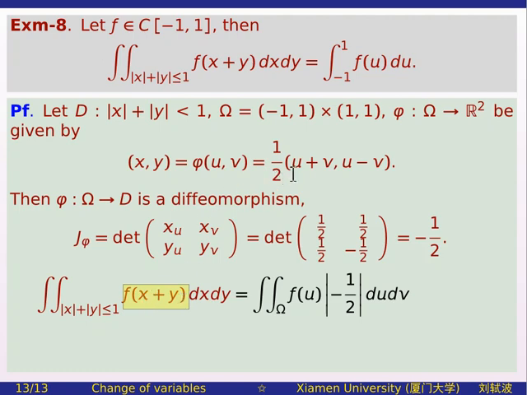Since x is half of u plus v and y is half of u minus v, x plus y is precisely u. Therefore we obtain f(u) here. And this absolute value of minus a half comes from the absolute value of the Jacobian determinant required in the change of variable formula in our theorem stated at the very beginning. So the absolute value is a half. Therefore, this becomes a half of the integral of f(u) over Omega.